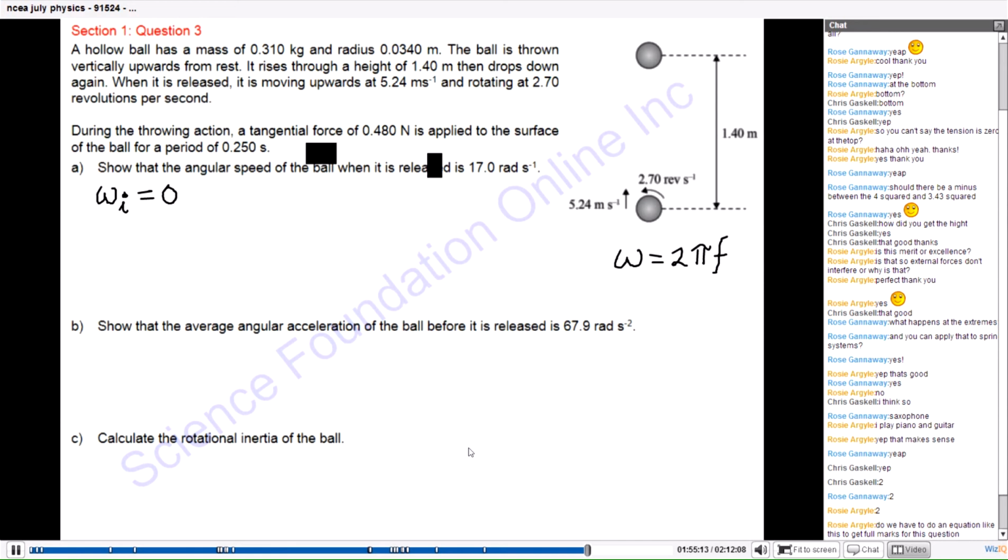So our final angular velocity, omega final, will be 2.70 revolutions per second. So that will be 2.70 times 2 pi radians per second.